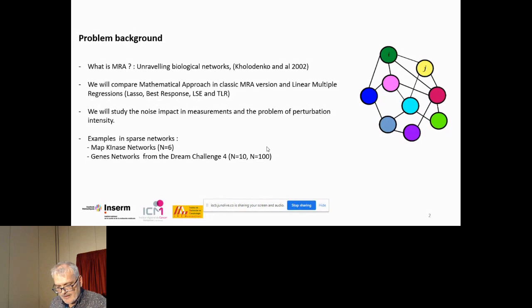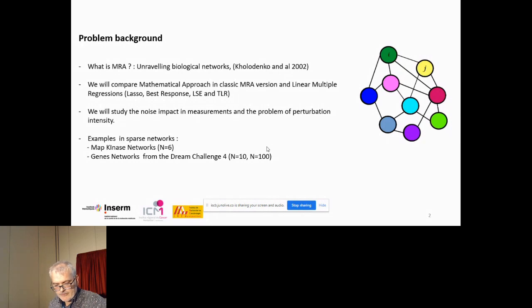We will sum up the classical version of MRA, and we will extend this approach with the use of multiple linear regressions. We will test shrinkage methods such as lasso, stepwise forward, and stepwise backward regression methods. And also we will examine two methods, least squares estimation and regression with thresholds, that we name TLR.